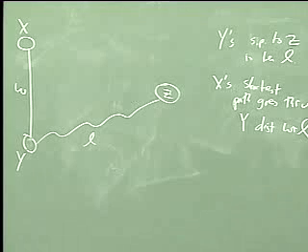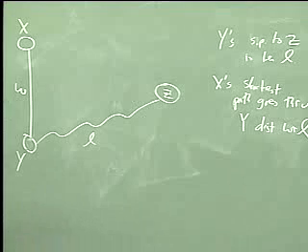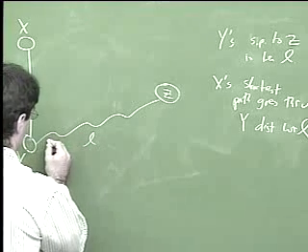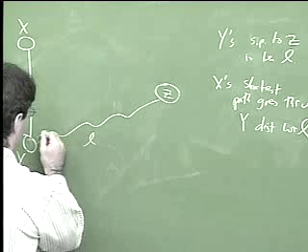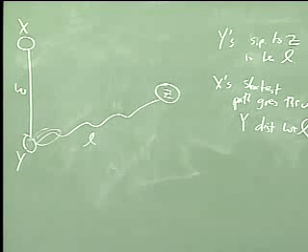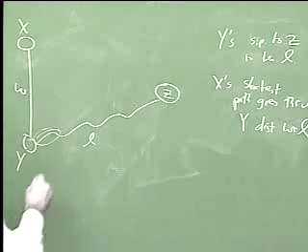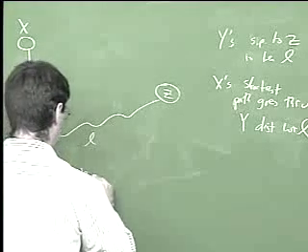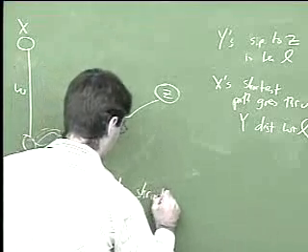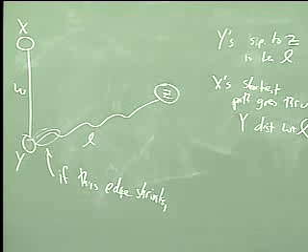Now suppose some edge here gets shorter. Okay? Well, if this edge shrinks in length, Y's path only gets even better. Right?